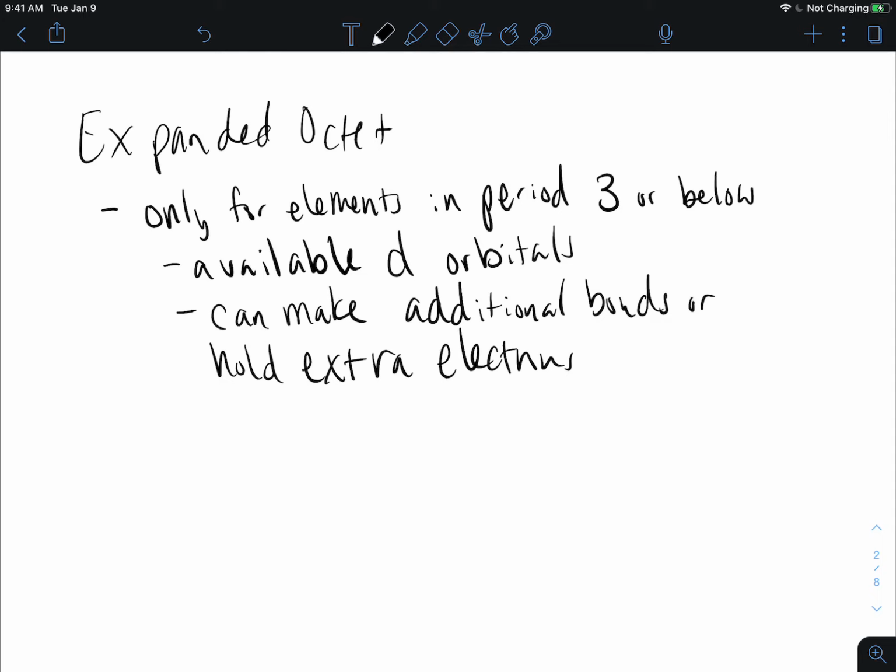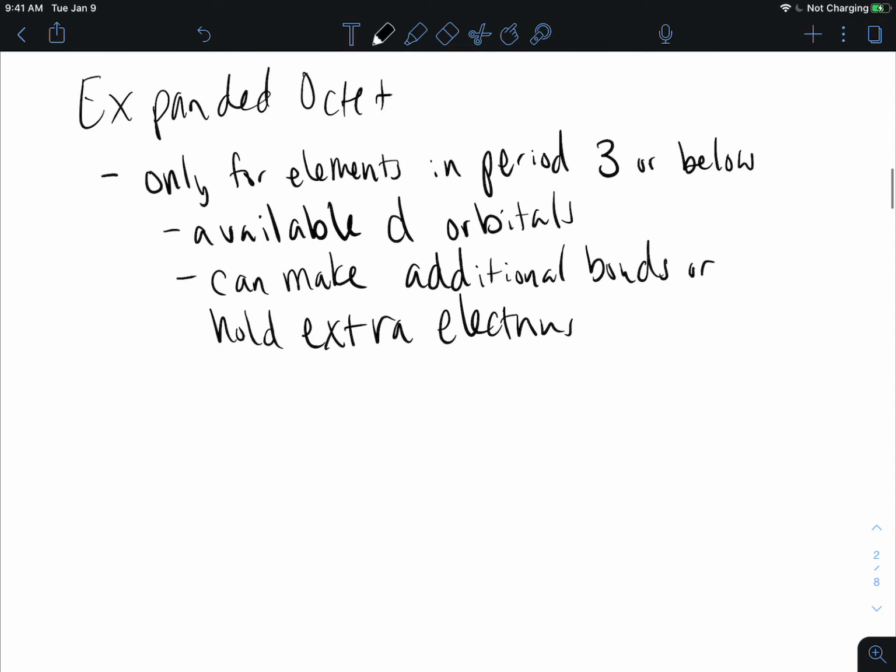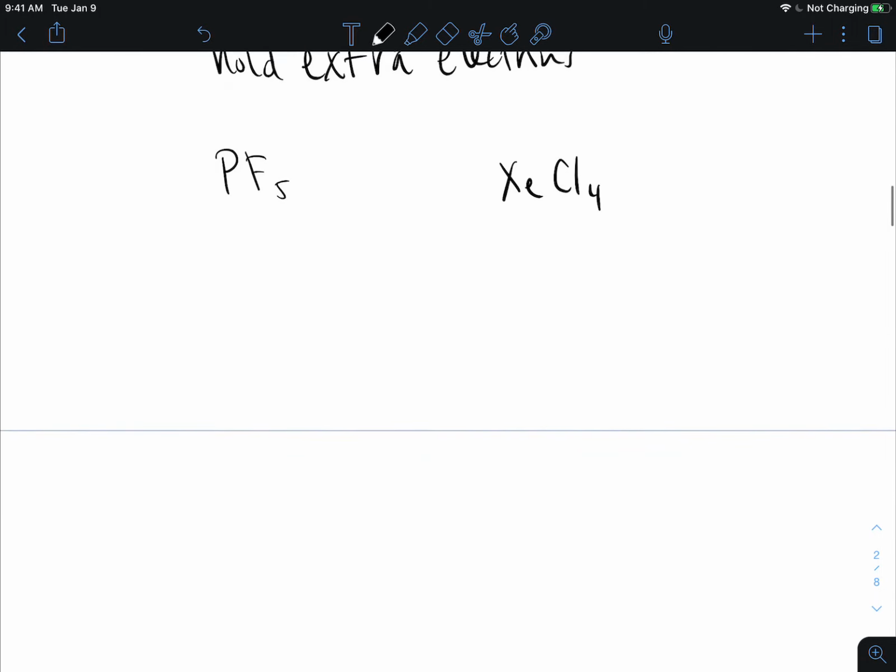Okay, so an example of this is PF5 and XeCl4. So let's look at both of these. So PF5, we obviously are going to have an expanded octet because we have 5 atoms around a central atom.